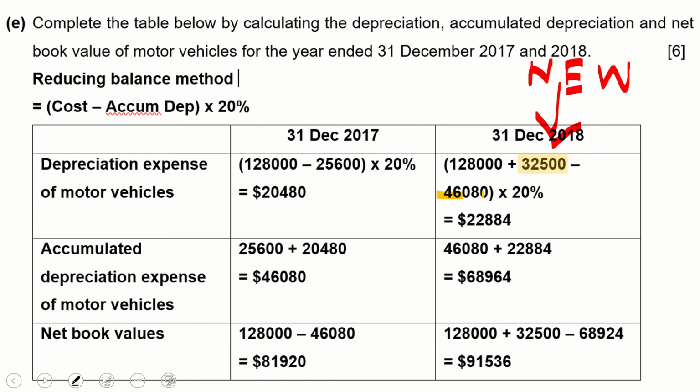And where does this 46080 come from? It was the accumulated depreciation from last year. So you take the cost minus accum depre from last year times 20%. Apart from that, most students are able to calculate the net book value and the subsequent accum depre.